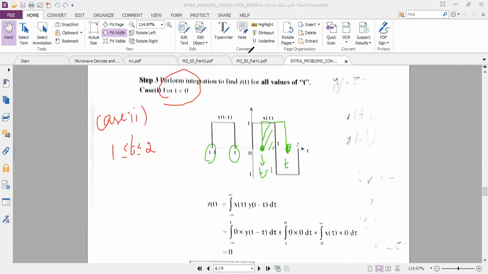So here, some analysis we have to do when we take the amplitude. Z of t is equal to, since the y of t minus tau is occupying this portion as well.